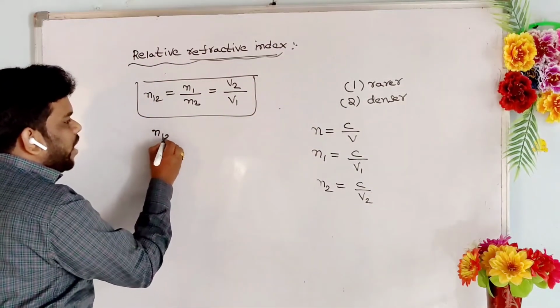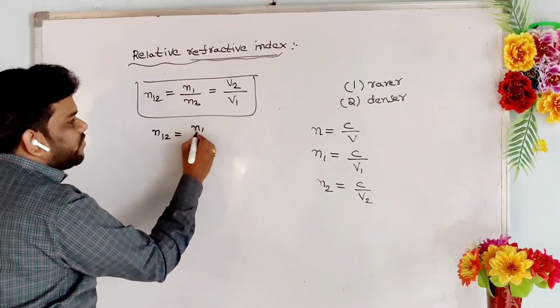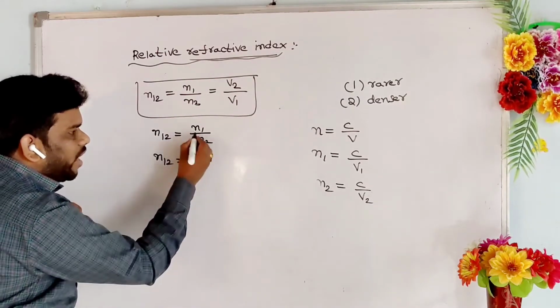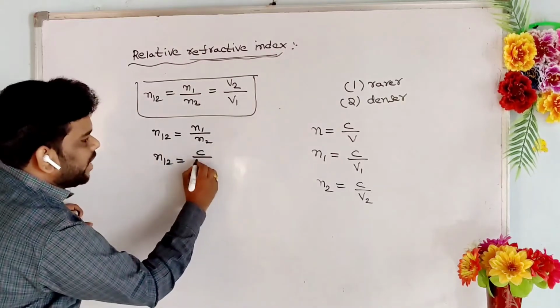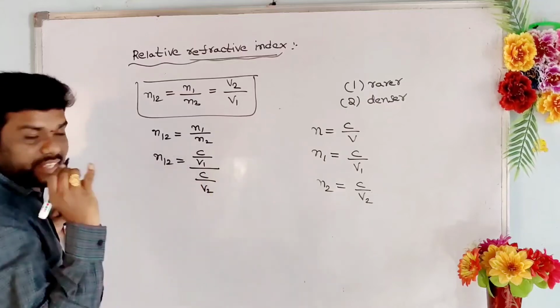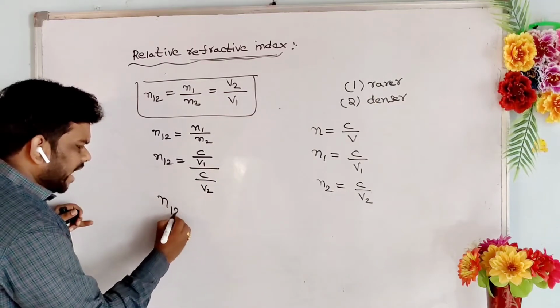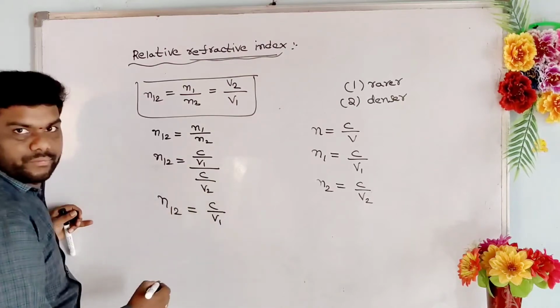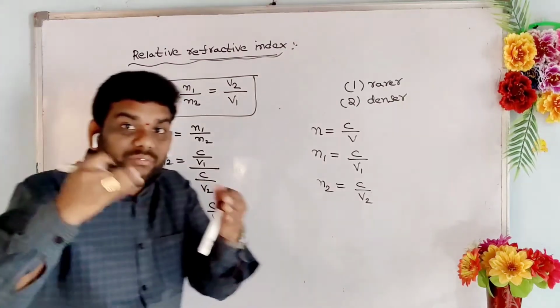So n12 is equal to n1 by n2. What is n1? c by v1. What is n2? c by v2. Exactly. So n12 is equal to, above is c by v1, below is c by v2.